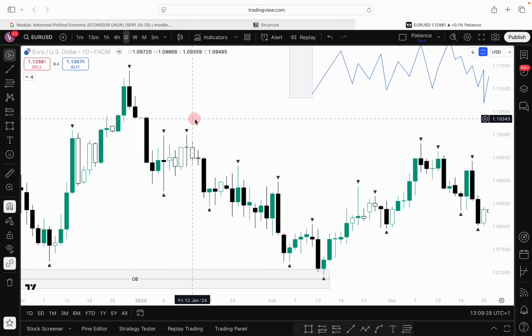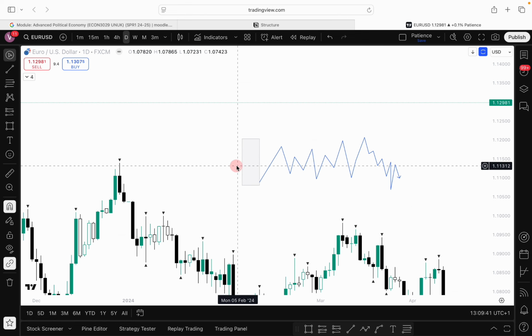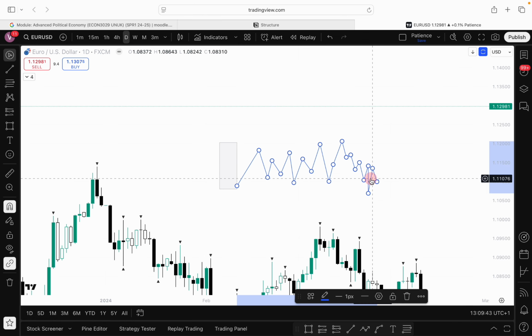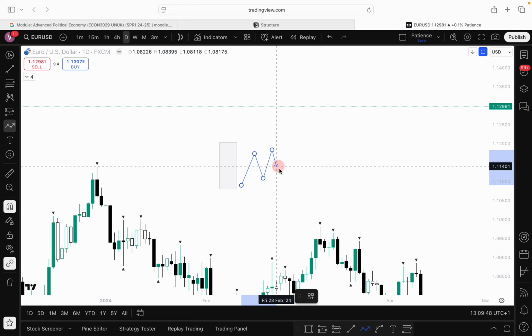Obviously this is the daily time frame, but this applies to all time frames: 1 minute, 5 minutes, 15 minutes, 4 hour. That's why we do not pay attention to them, because it's just accumulation of price. So imagine that this is a candle. We want to see price sweeping one of the sides of this candle, but before that, anything that happens within it, we do not care.